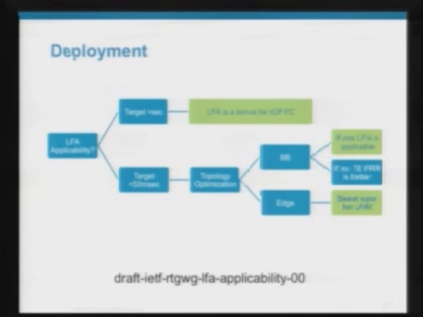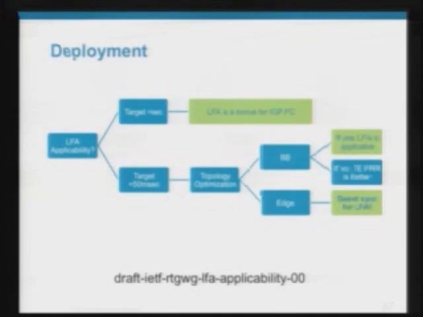Along the top branch, if your target convergence is to be less than 1 second, you can tune your timers and all to be able to have IGP convergence, and there are lots and lots of how-tos on that. And then you can put in loop-free alternates as a bonus.